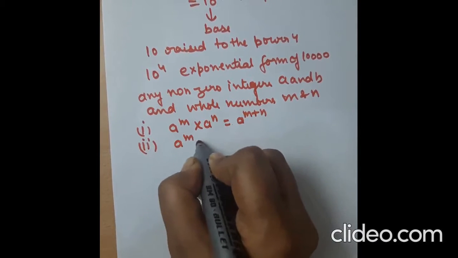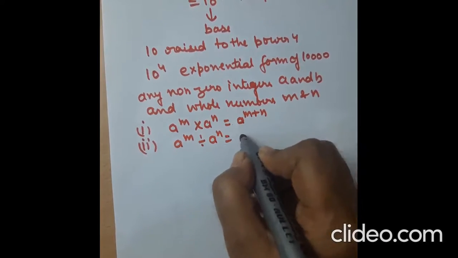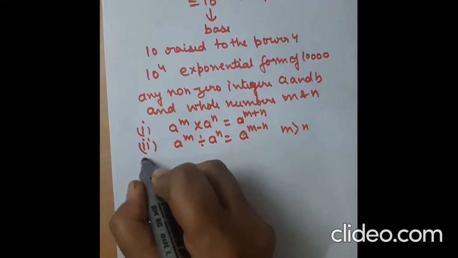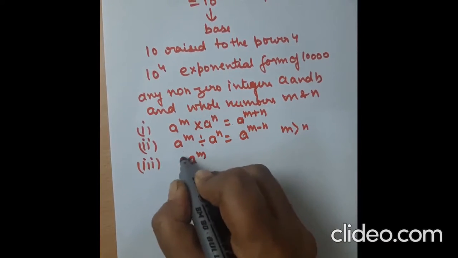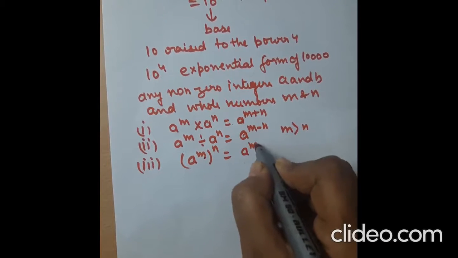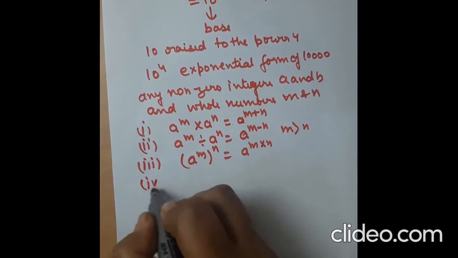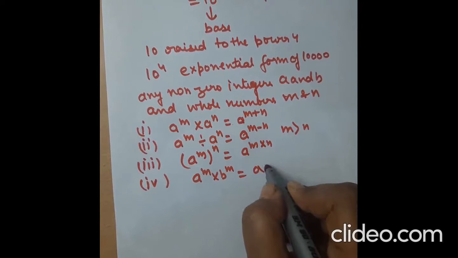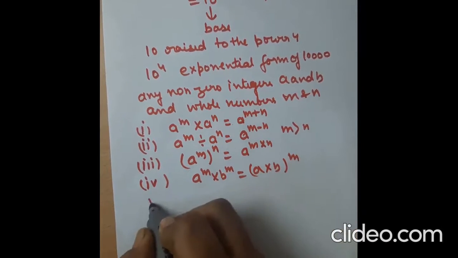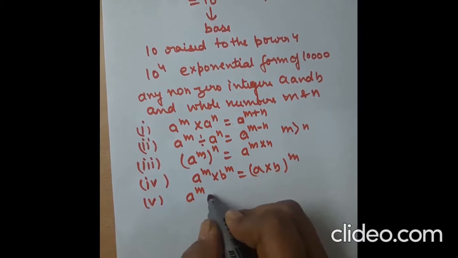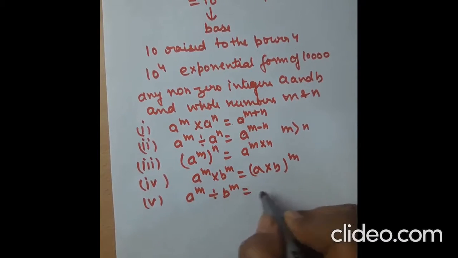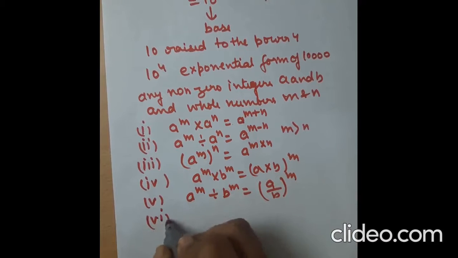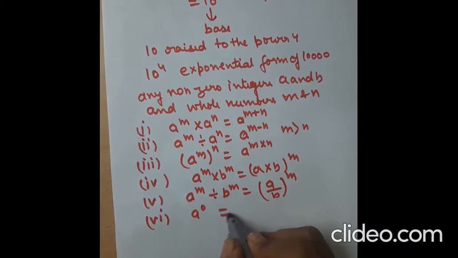a raised to the power m divided by a raised to the power n. In division, the base is the same, so we subtract the powers, for m greater than n. a raised to the power m whole power n, so we multiply the powers. a raised to the power m multiplied by b raised to the power m is equal to a multiplied by b whole power m. a raised to the power m divided by b raised to the power m is equal to a divided by b whole power m. a raised to the power 0 is equal to 1.